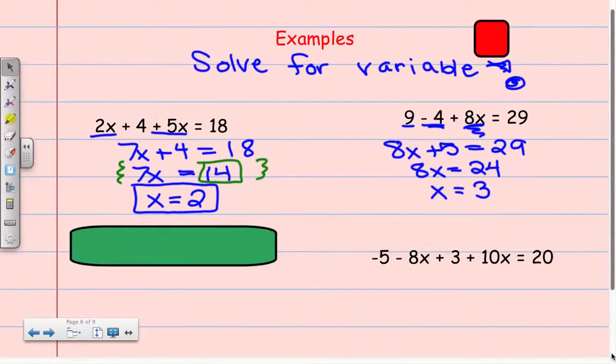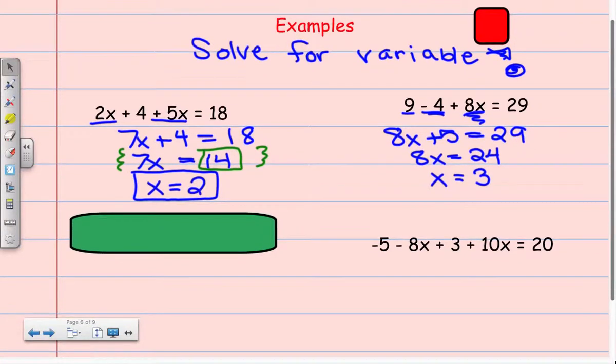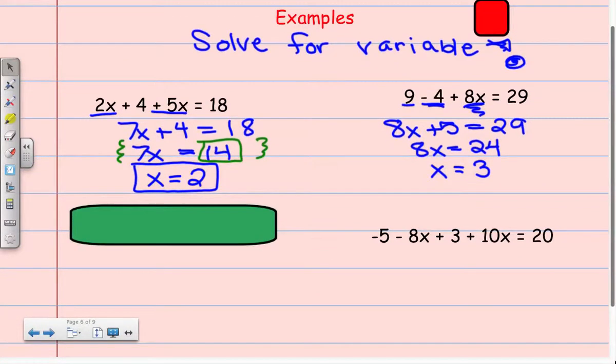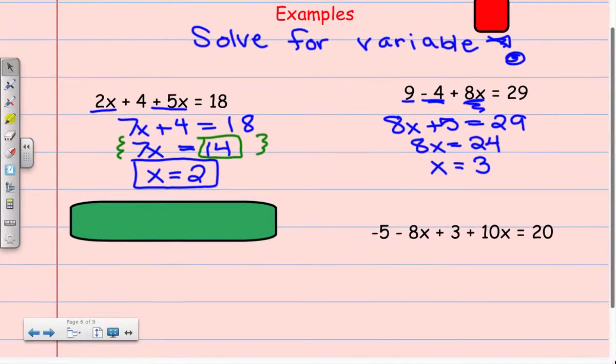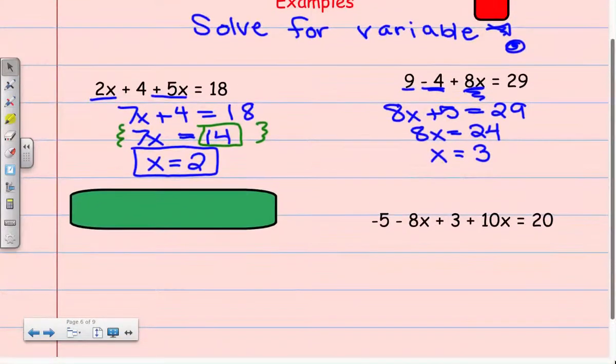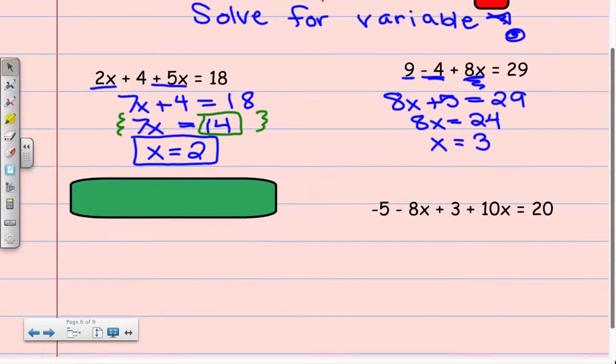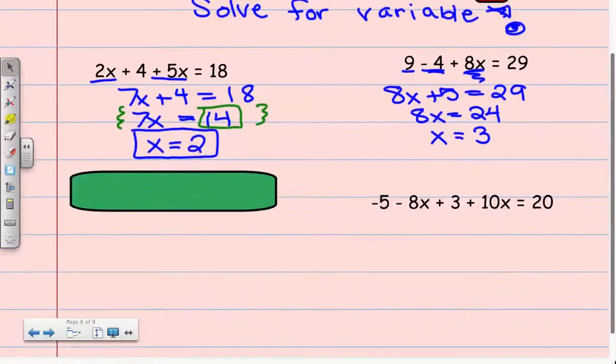So go ahead and write this one in your notes. We'll do some more examples with this distributive property as well. We get negative 5 minus 8x plus 3 plus 10x equals 20.